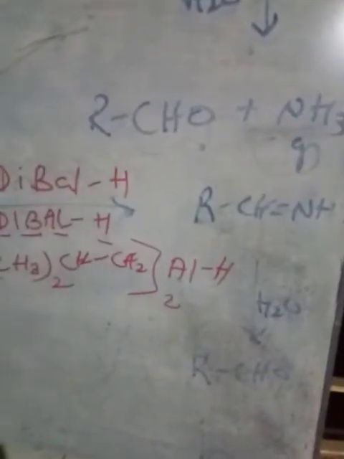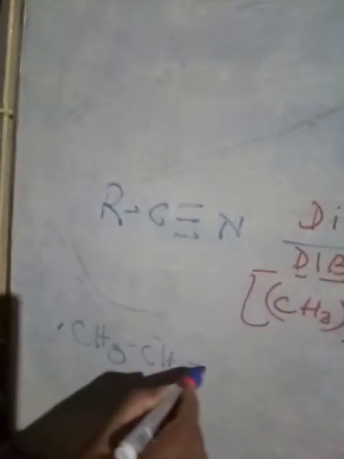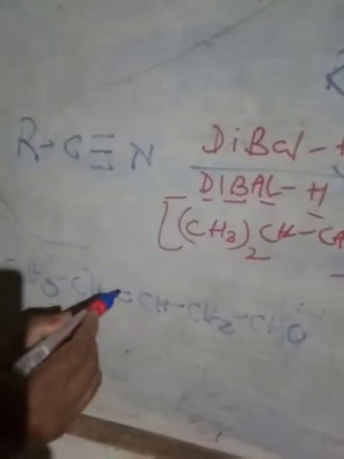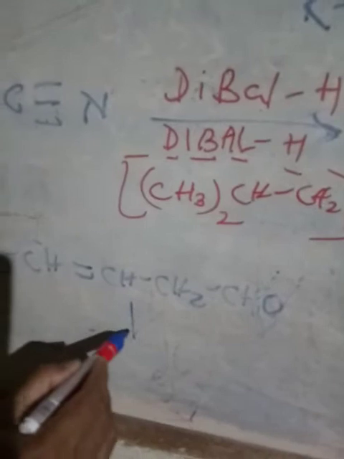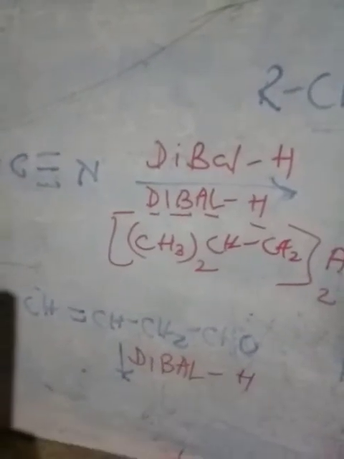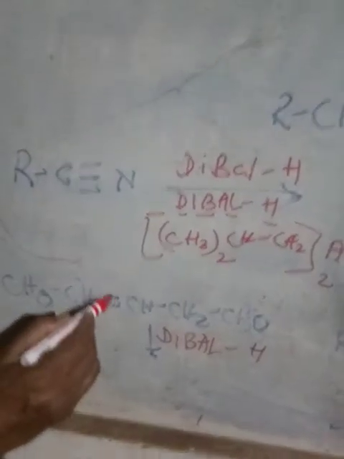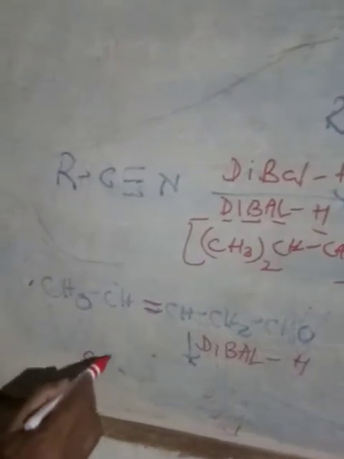This is important because if you take an unsaturated aldehyde, with an aldehyde group and a double bond, and use DIBAL-H, diisobutyl aluminum hydride, then the double bond will remain unchanged.